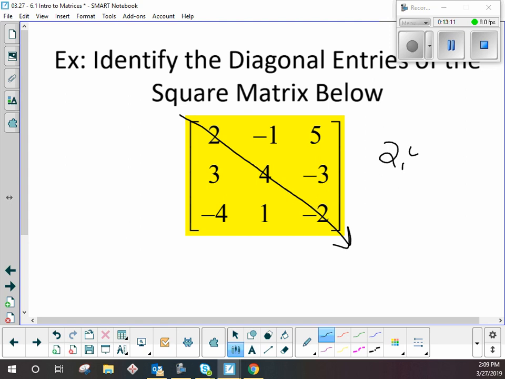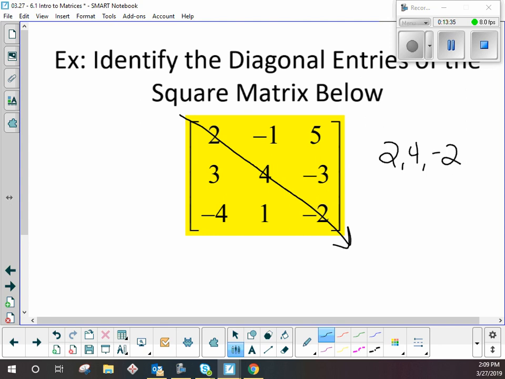2, 4, -2. This is not a solution. It looks kind of like an ordered triple, right? But we're only identifying the entries on the diagonal. By the way, real quickly, do you remember what all of these represent? X, that's right. So what are these?